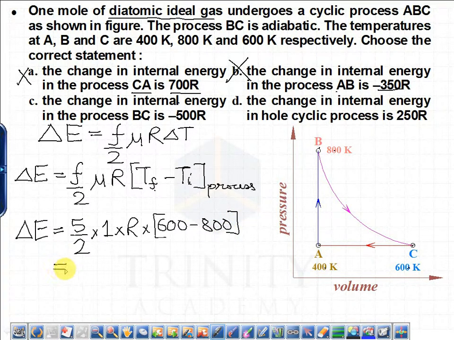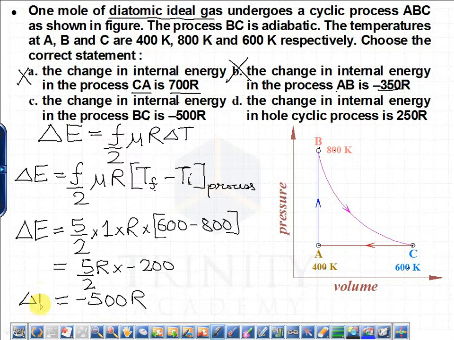So that would give us 5 by 2 R into minus 200. So that would be equal to minus 500 R. So we can say that option C is the correct option in this case.